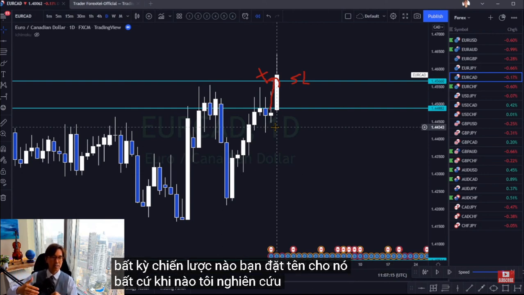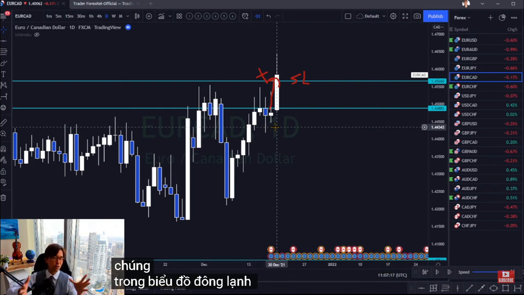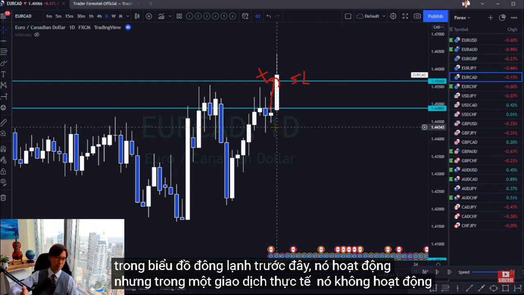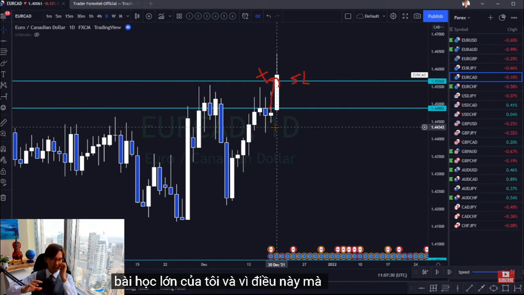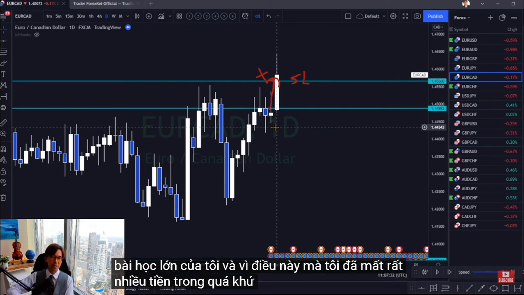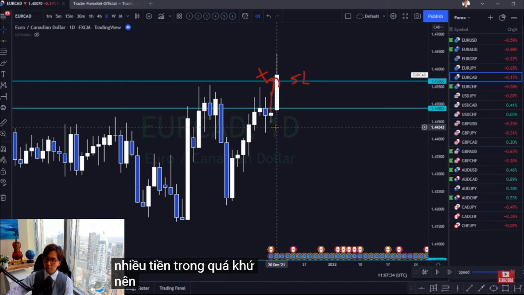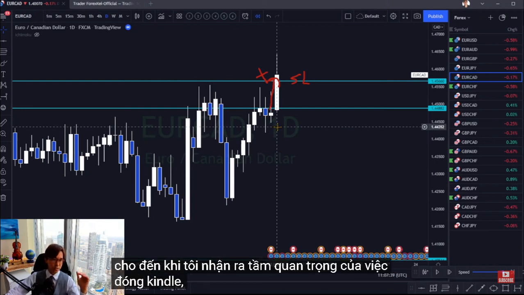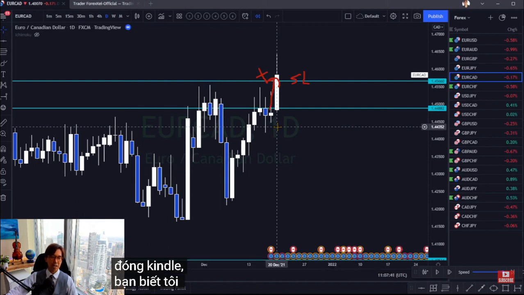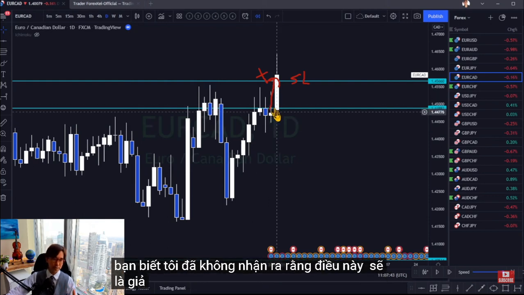Whenever I studied them in the past frozen chart, it works, but in a real trade, it doesn't work because I didn't wait for the candle close. That was my big lesson. And because of this, I lost so much money in the past. Until I realized the importance of the candle close, I didn't realize that this would be a fake.